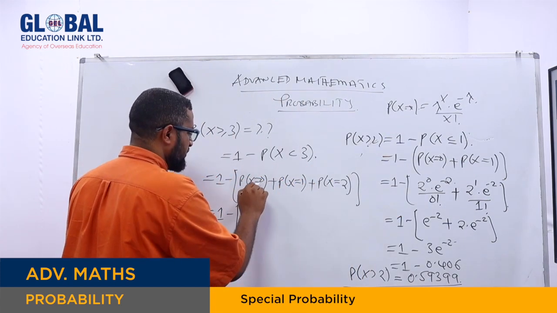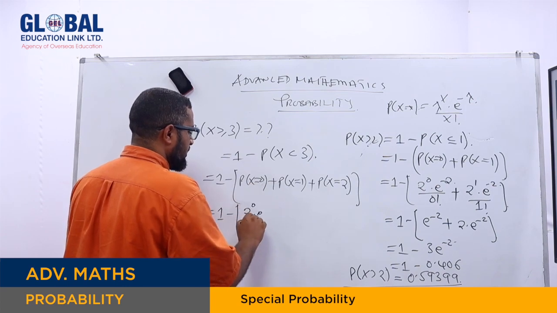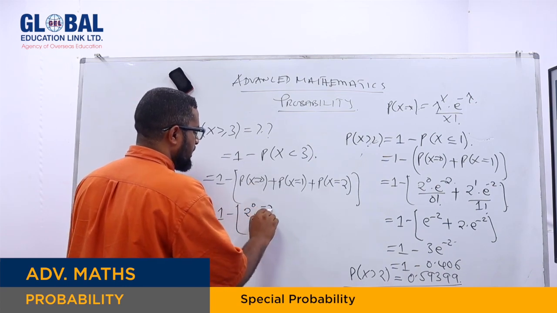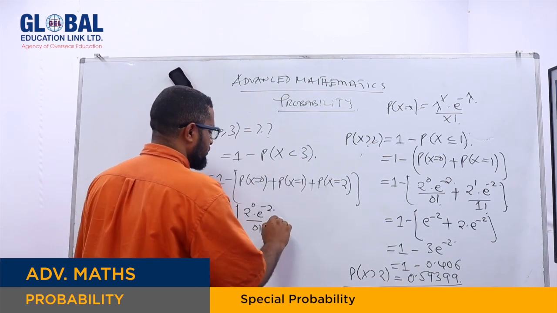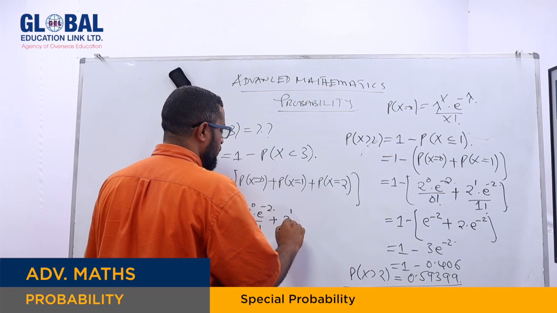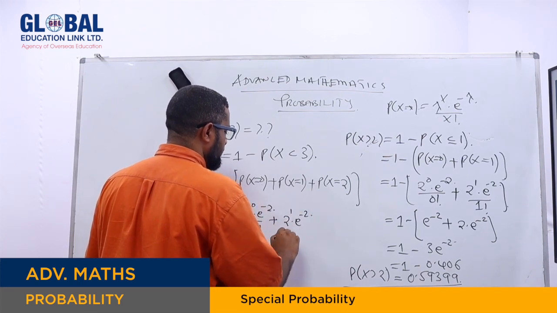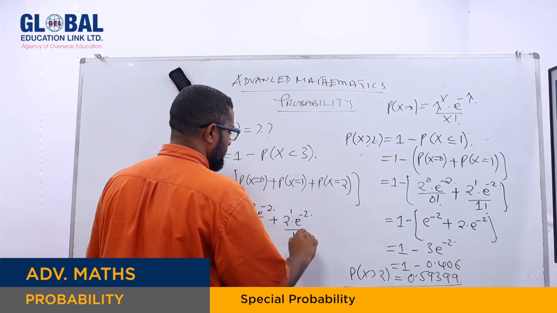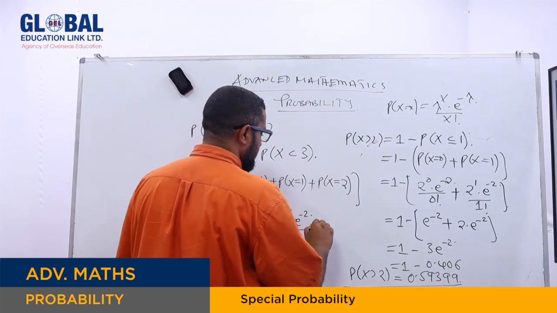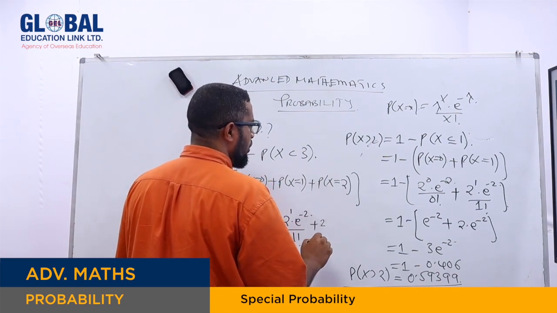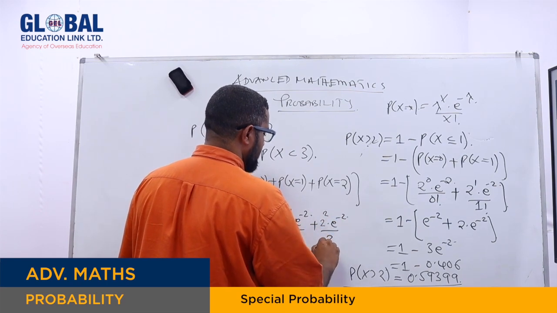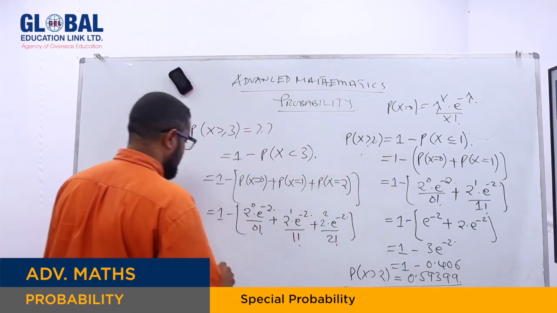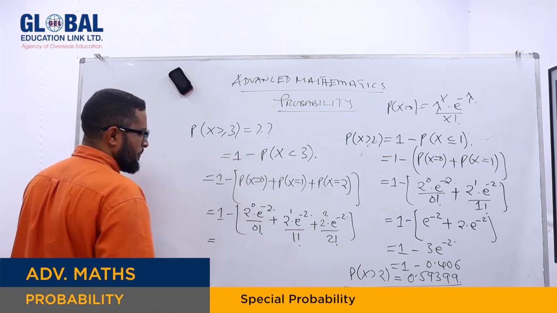To the power of x, we start with power 0, then e to the power of negative 2 divided by 0 factorial. We add when it is 1, so it is 2 to the power of 1, e to the power of negative 2 divided by 1 factorial. We add the next one, 2 to the power of 2 times e to the power of negative 2 divided by 2 factorial.